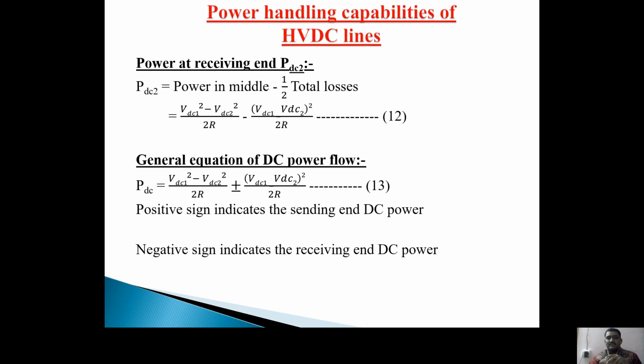Okay, so from this one, the positive sign, that is PDC is equal to (VDC1 square minus VDC2 square) by 2R plus (VDC1 minus VDC2) whole square by 2R. So this positive sign indicates the sending end DC power, and the negative sign indicates the receiving end DC power, that is PDC is equal to (VDC1 square minus VDC2 square) by 2R minus (VDC1 minus VDC2) square by 2R. So the negative sign indicates the receiving end DC power.